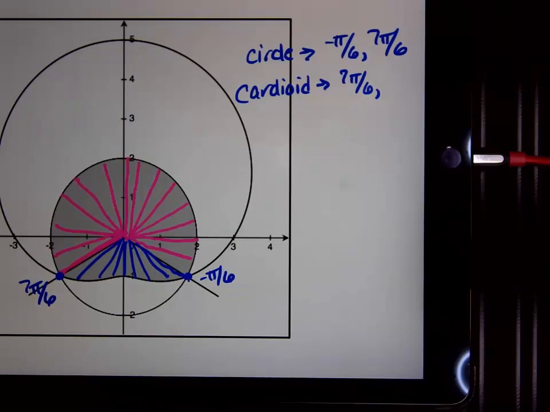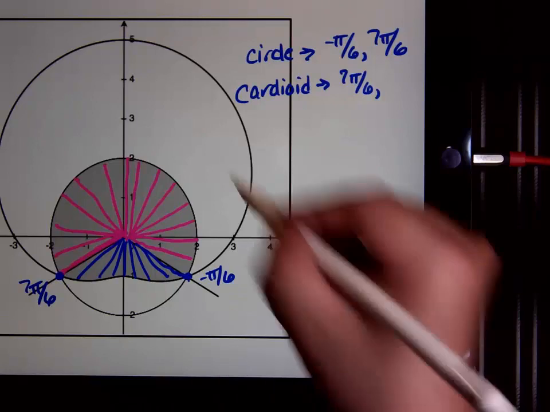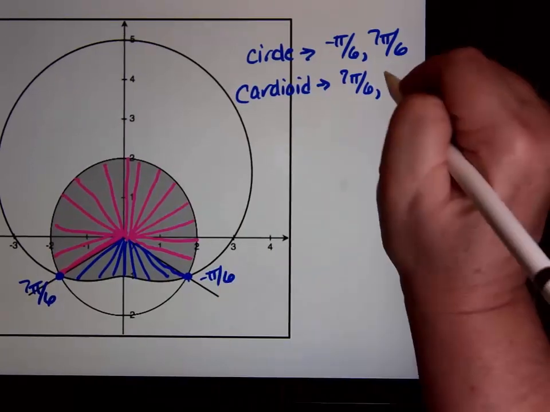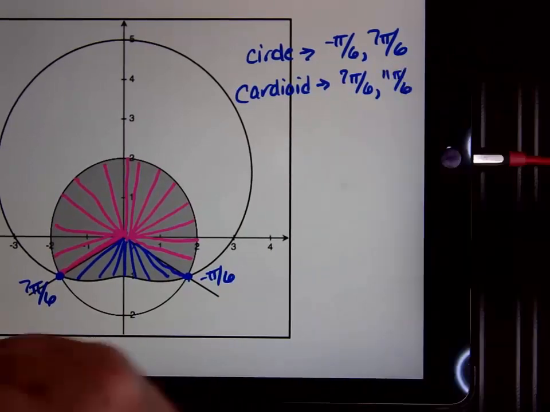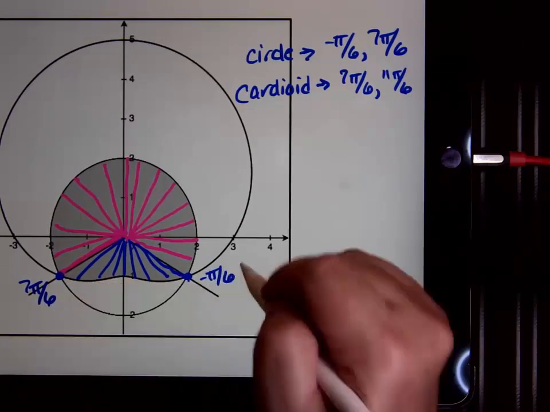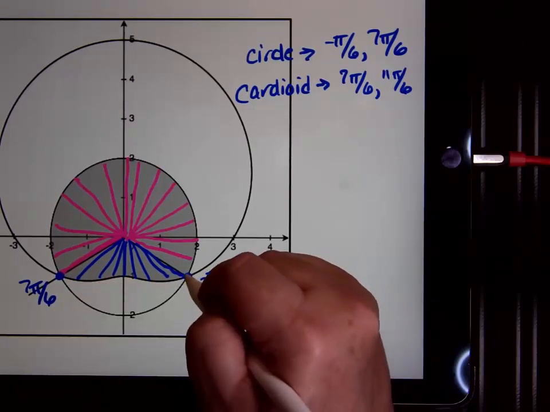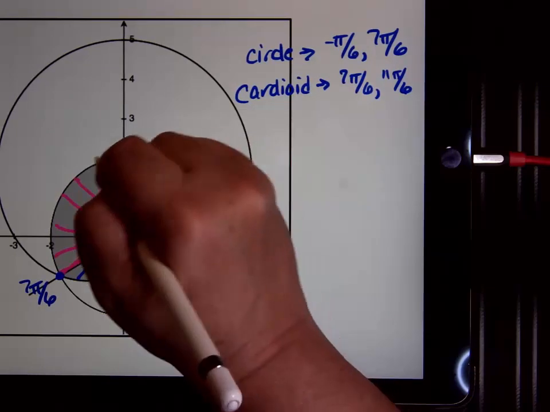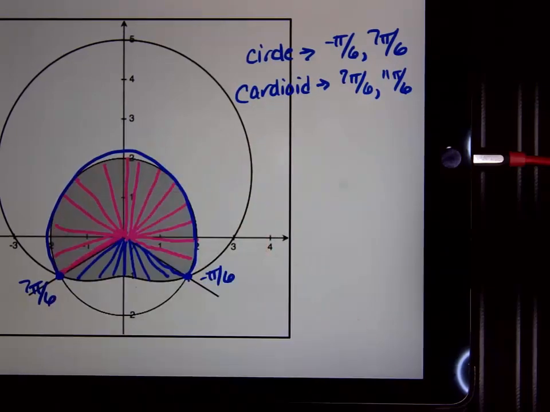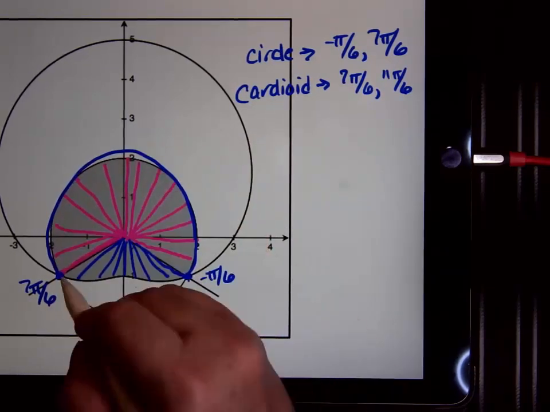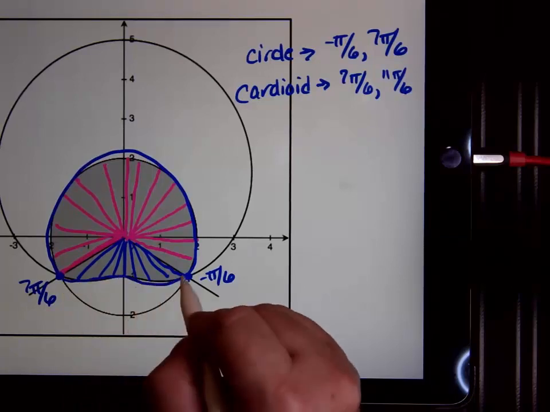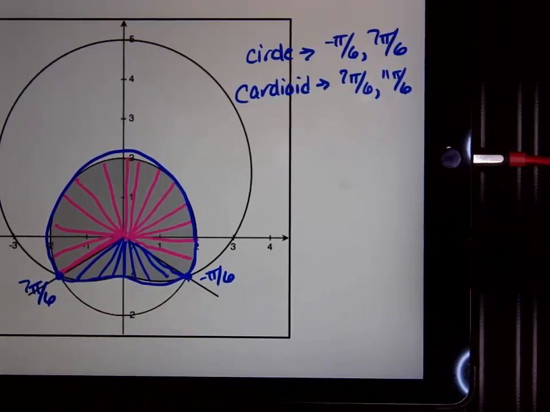Since I'm going all the way around, for the second part, I'm going to call it 11 pi over 6. So from negative pi over 6 to 7 pi over 6, I'm hitting the circle. And then from 7 pi over 6 to 11 pi over 6, I'm hitting the cardioid. So that's how I set it up.